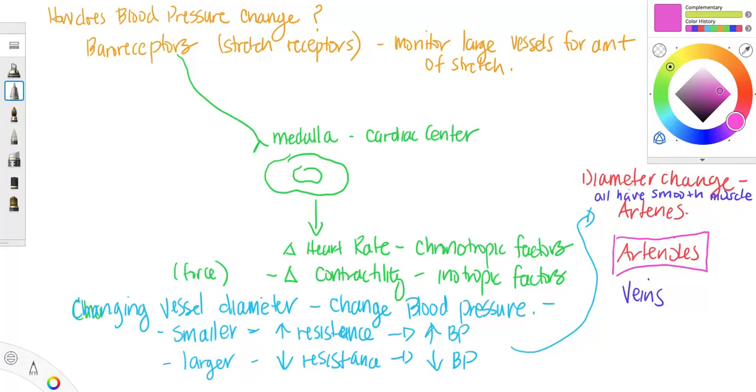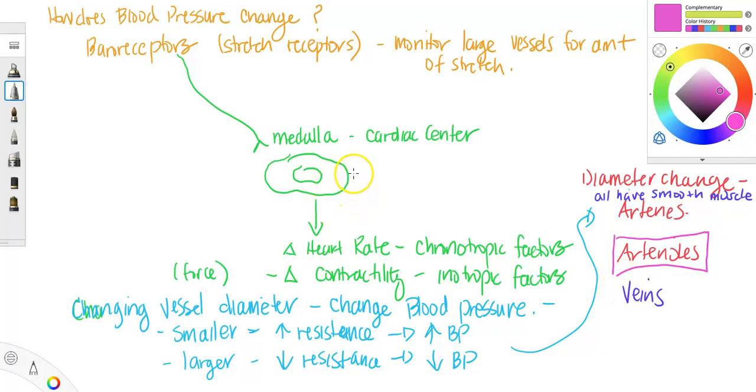And when they dilate or vasoconstrict, they have the most effect on the distribution of blood. So it's going to be arterioles that have the greatest effect on the blood pressure.